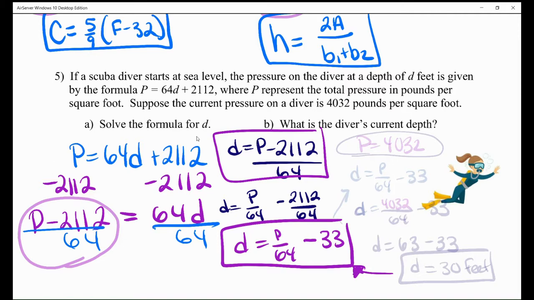So now, given that the pressure is 4,032 pounds per square foot, we want to find the depth that diver is at. So we're going to use our formula.